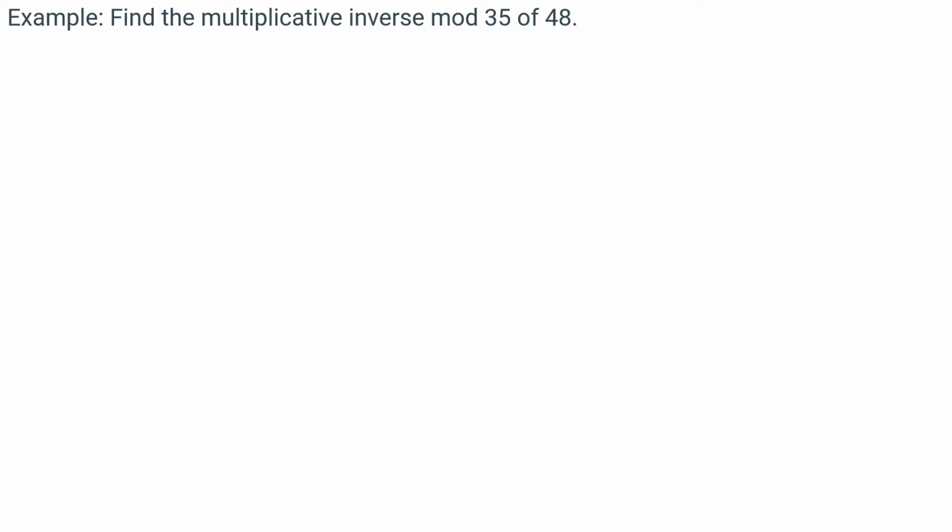Well, the one that we're taking the mod of, 35, would be the N, and the 48 would be our X. But starting out with this extended Euclidean algorithm, we're just going to take those two numbers, not worry about which one's X and which one's N, and write the two numbers down with the largest one first. In this case 48 is the largest, and then I'll put a 35 next to it. So let's go through that process that we already know how to do.